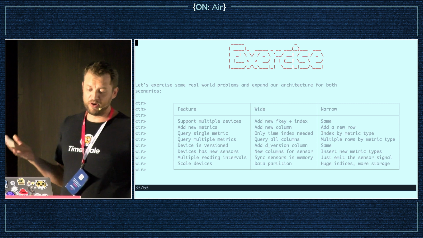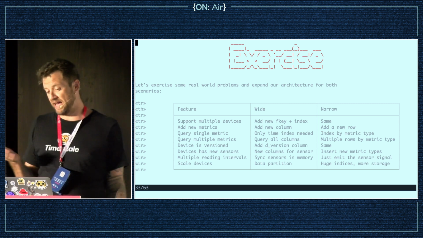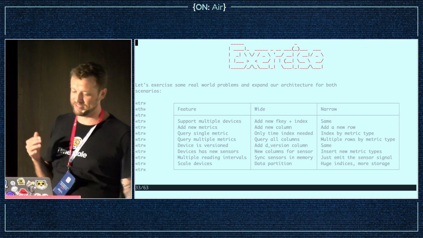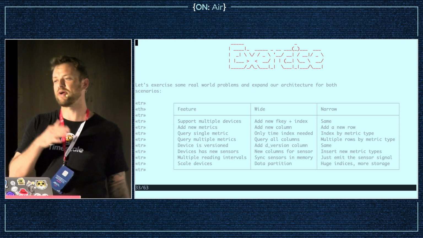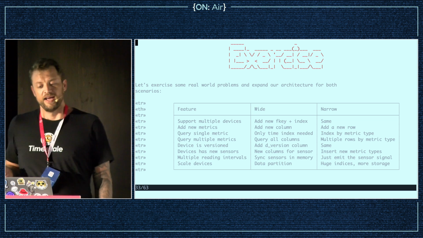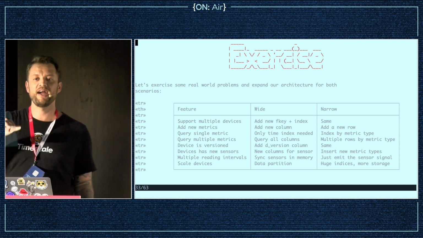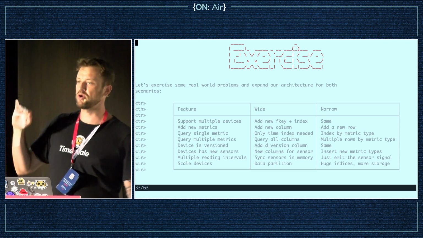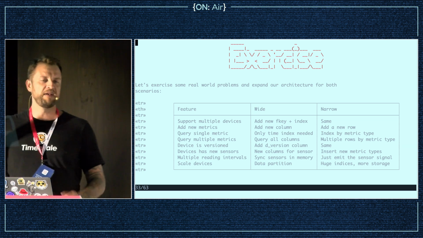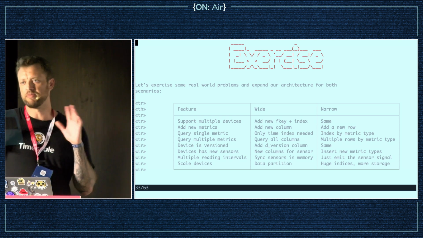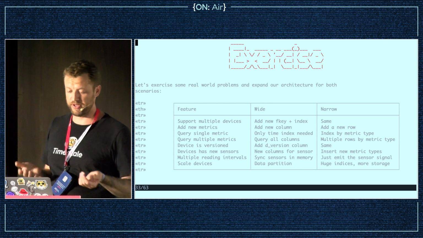And for example, if I'm going to add a new feature, that's a new column in the wide model. It seems easy if you are starting, but not that easy if your system has been running for quite some time. In the narrow model, I just add a new row. I will just have one more line in the metric table, one more transaction, and I will make my server busy in I/O and CPU, so you need to measure it.